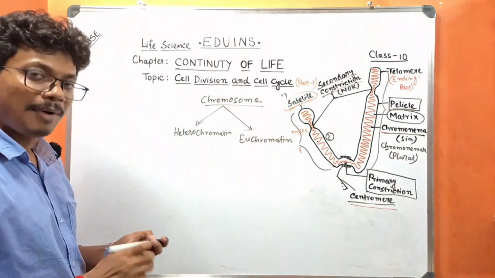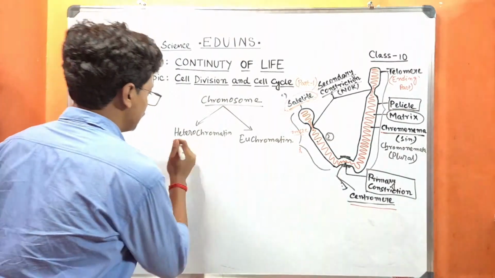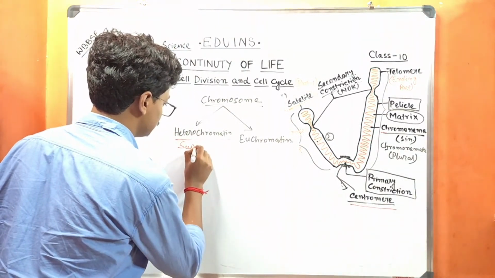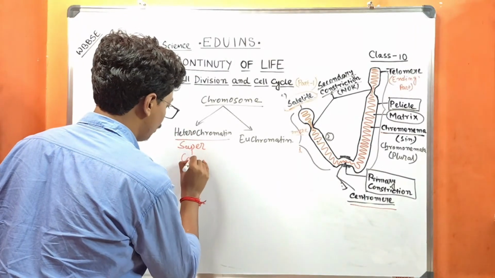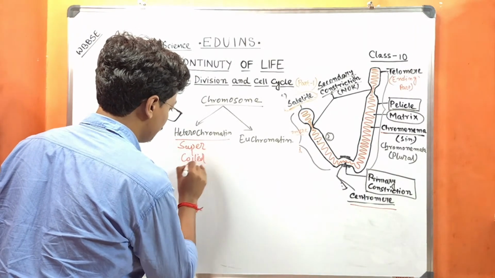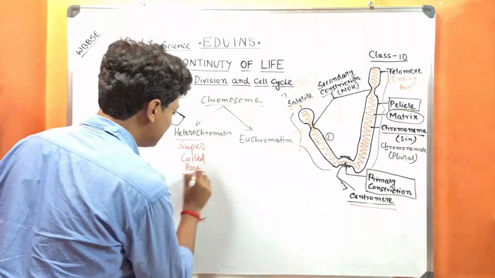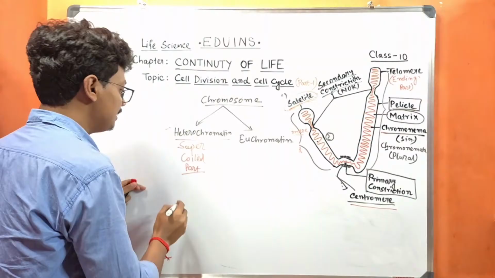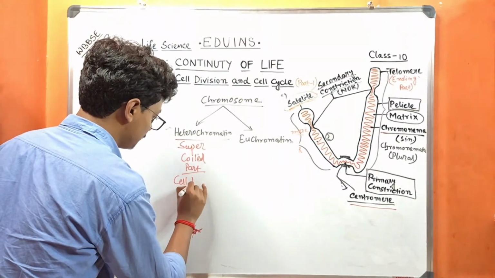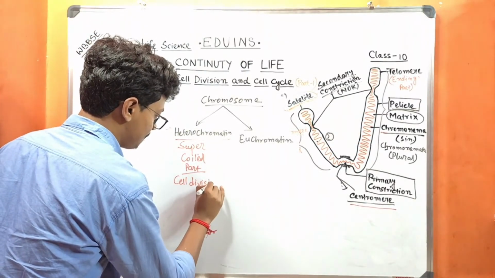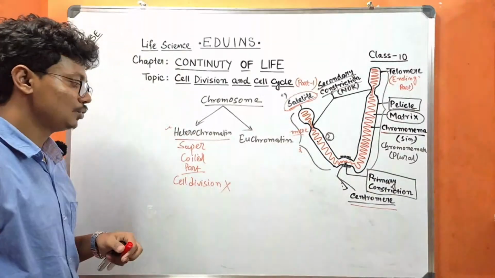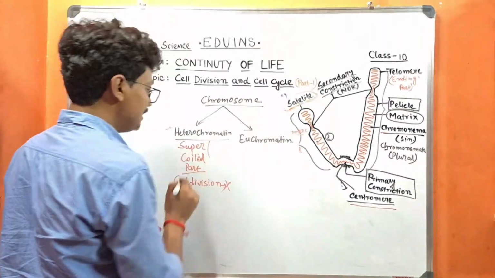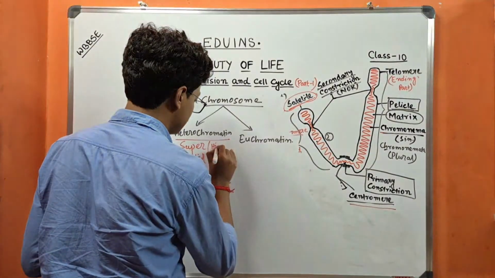Heterochromatin is the supercoiled part, and this part does not participate in cell division.